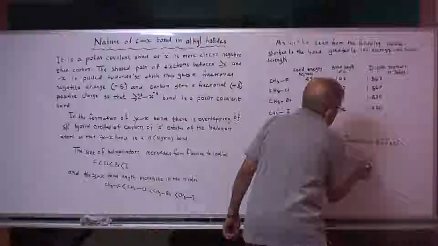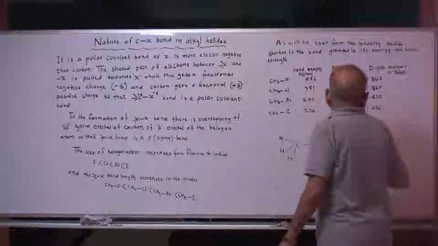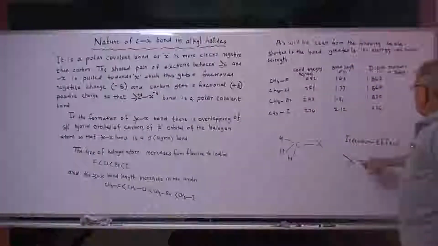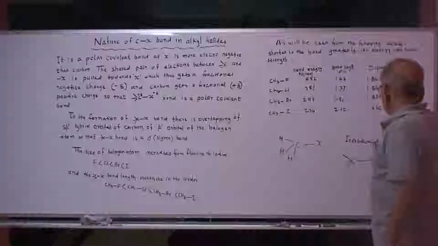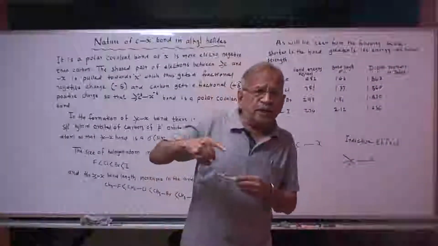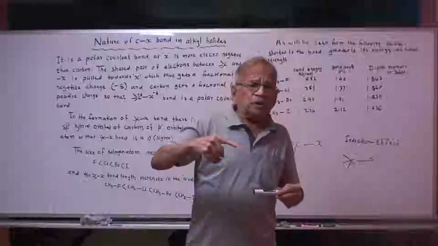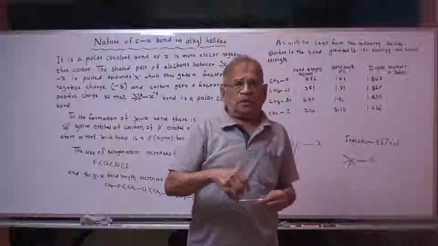It is represented like this. An arrowhead is put between carbon and halogen, and the arrowhead indicates the direction towards which the shared pair of electrons is being pulled.